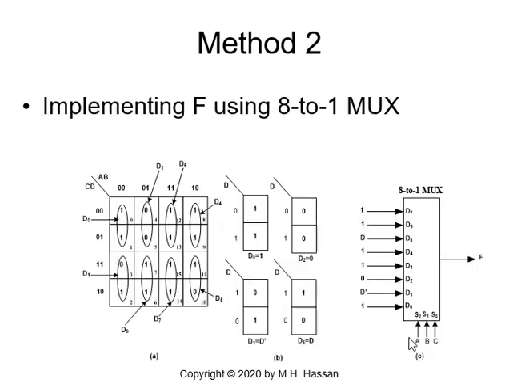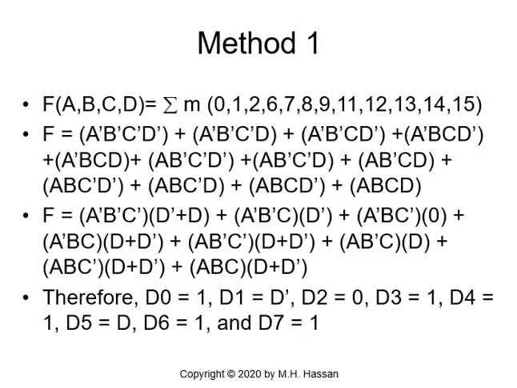We take A, B, C, the most significant bits, to the select lines S2, S1, and S0. And we have the data lines 1, D prime, 0, 1, 1, D, 1, 1, as we found. So this is by simple manipulation of the given function, okay?